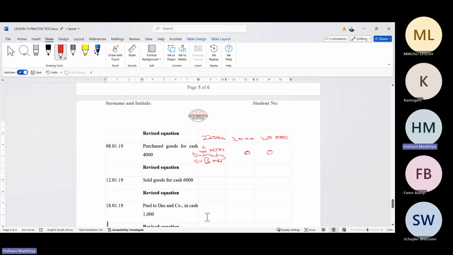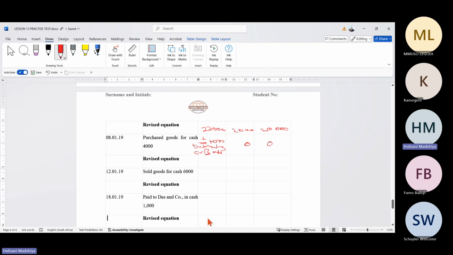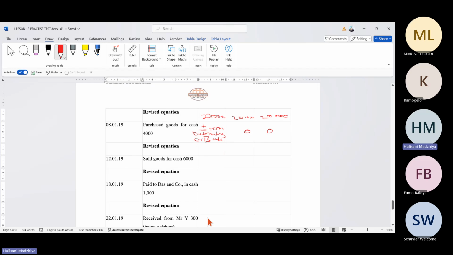Then the transaction that happened on the 12th of January 2019, it says sold goods for cash. At this stage, the bank account again is affected. However, it's not only the bank account, but also sales, and sales affect our equity.